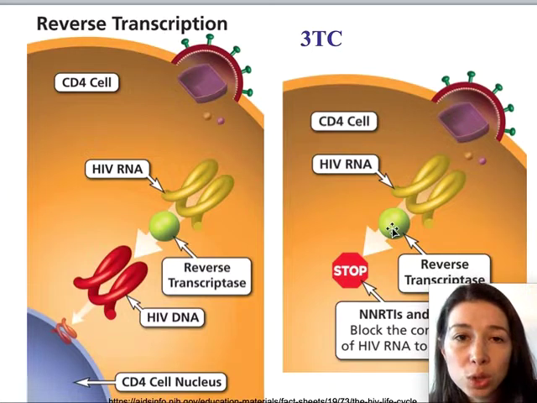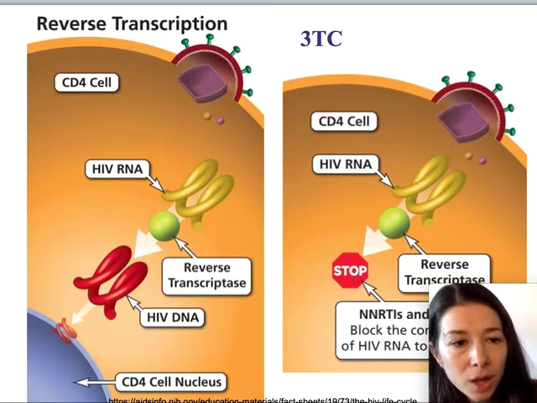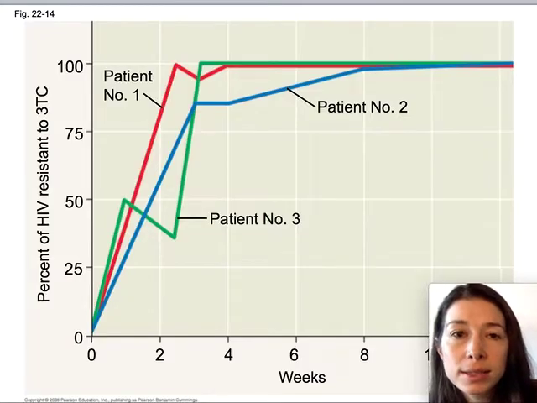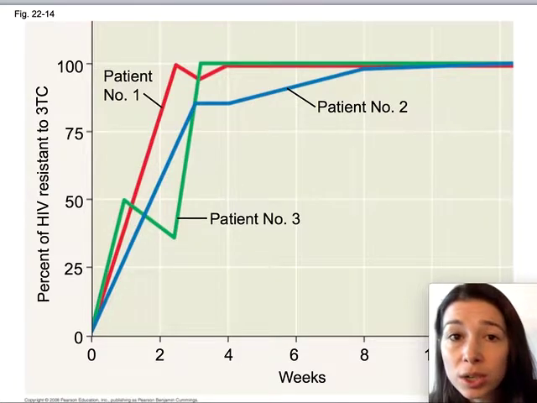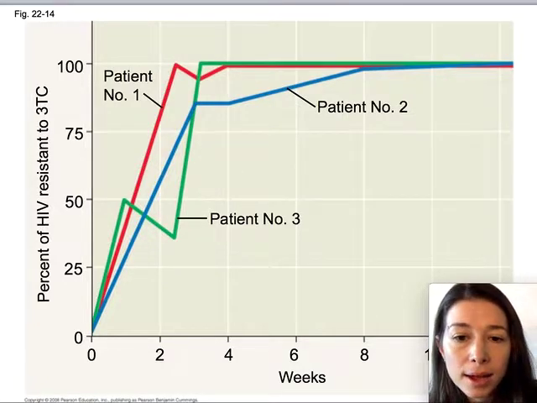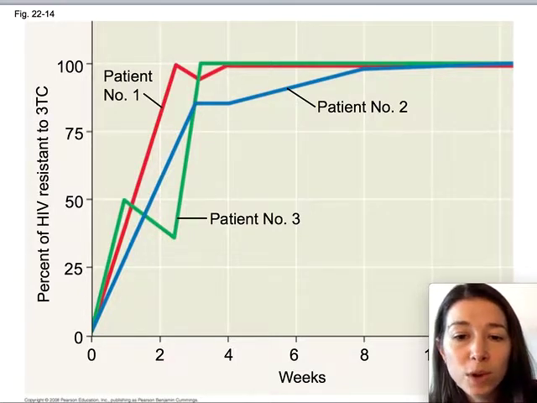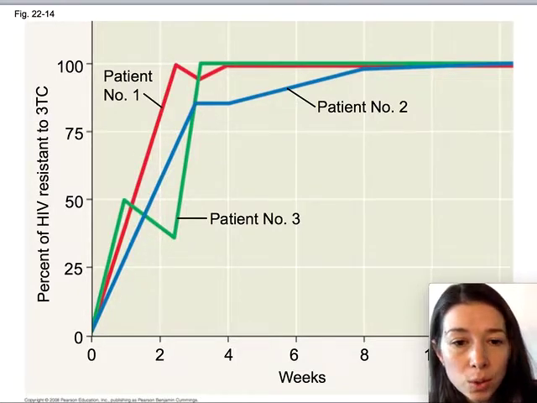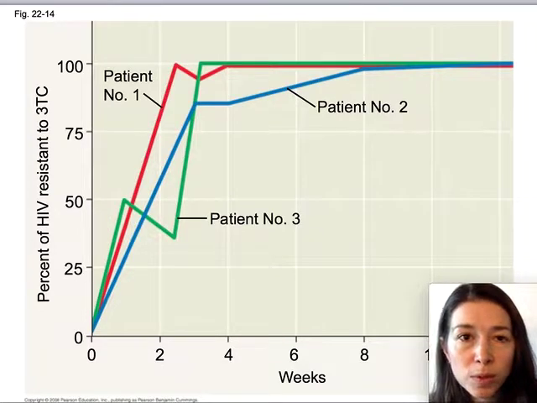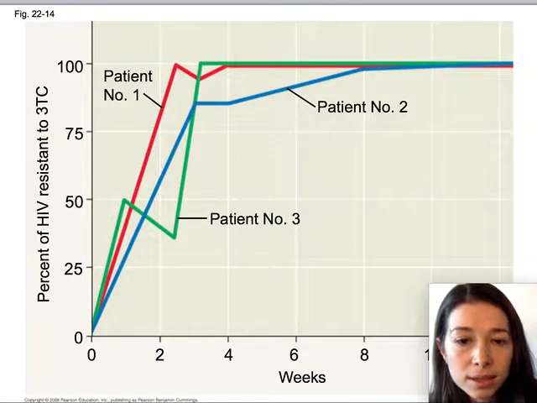But once you introduce that drug, all of a sudden, this type of virus that has a mutation in that protein has an advantage. Over time, we are going to kill off all of the viruses that don't have the mutation that makes it resistant, and the virus that has the resistant mutation is going to propagate and take over. In several patients, people have looked at the percent of HIV that has this mutation that makes it resistant versus the others.